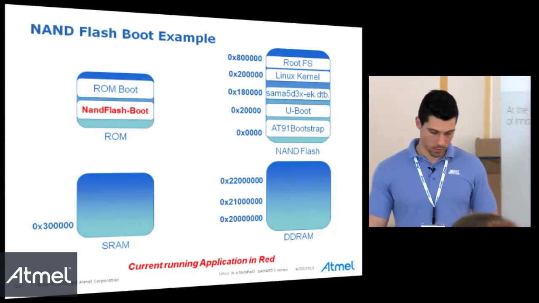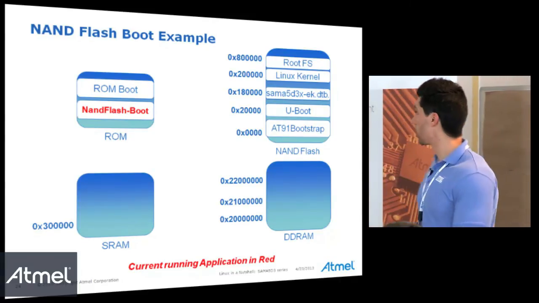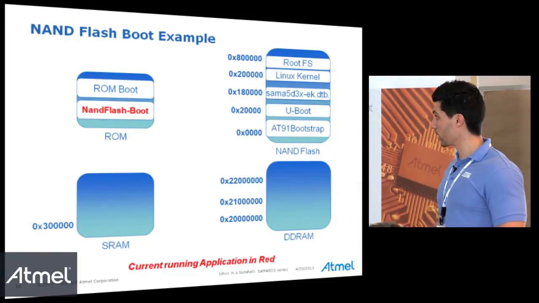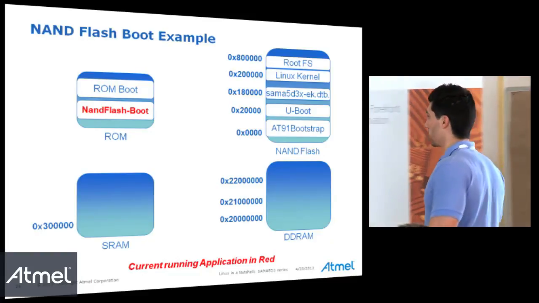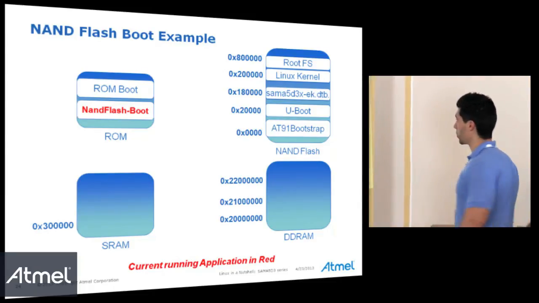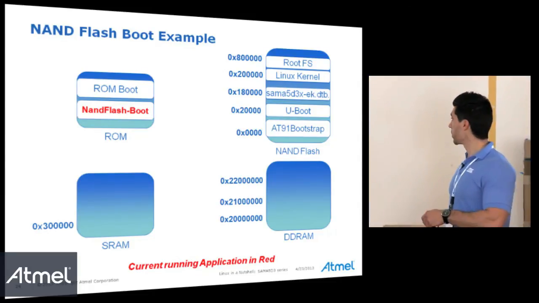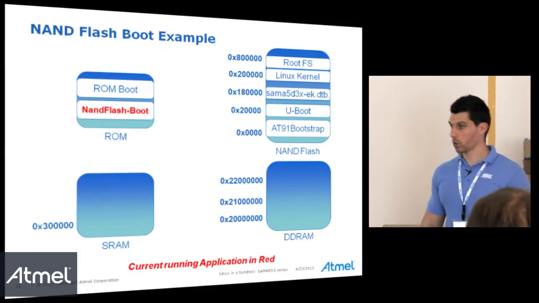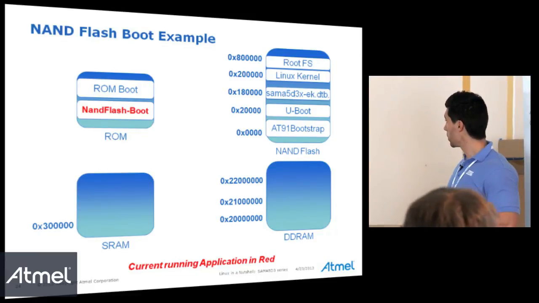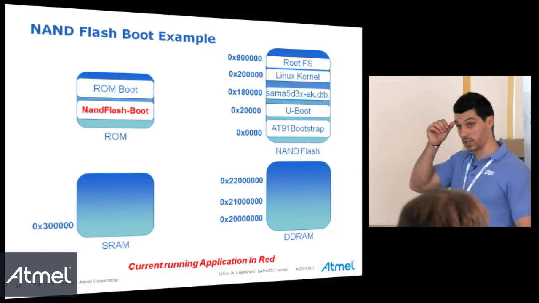To finish this presentation, this is the standard example of the NAND flash boot. Basically, the user will have to load the different software components in NAND flash: first of all, the bootstrap, then the third level bootloader, which is U-Boot, the device tree blob, SAMA5D3x ek.dtb, the kernel, and the root file system.